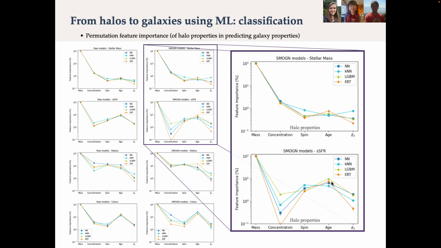So the last major merger, when it happened, is very determinant for how you determine the star formation rate of a galaxy. But also spin, surprisingly, is important. So how fast the galaxy is rotating. In all models, this becomes almost of the same order as the age in importance.